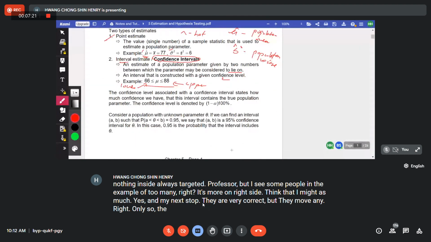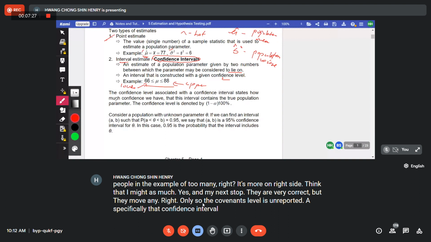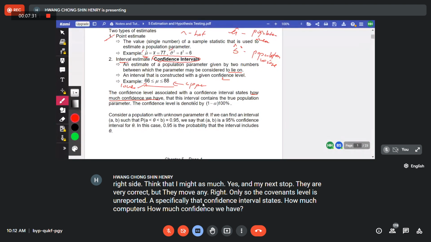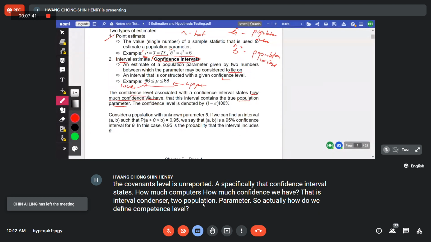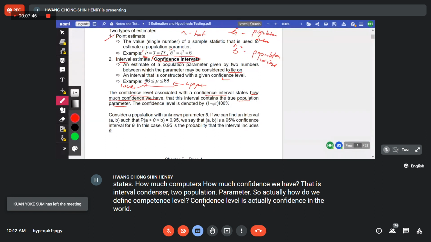So the confidence level, this one is very important, right? Associated with the confidence interval, it states how much confidence we have that this interval contains the true population parameter. So actually, how do we define confidence level? So if the question asks, what is confidence level?